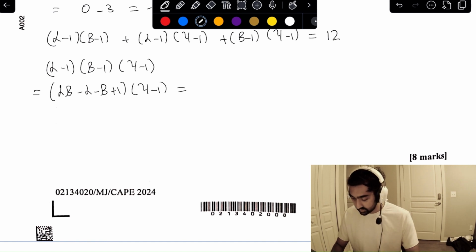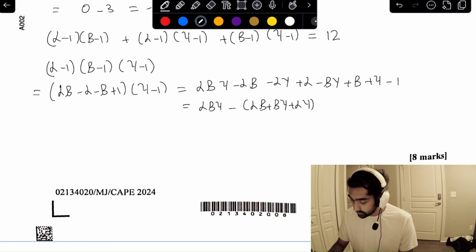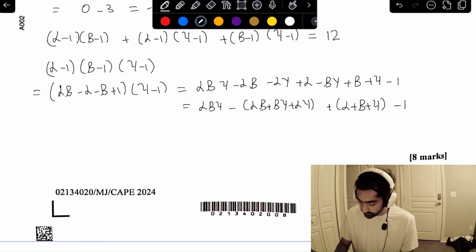And then if I multiply these brackets, I get alpha beta gamma minus alpha beta minus alpha gamma plus alpha minus beta gamma plus beta plus gamma minus 1. If I group the like terms, I get alpha beta gamma minus alpha beta plus beta gamma plus alpha gamma plus alpha plus beta plus gamma minus 1.